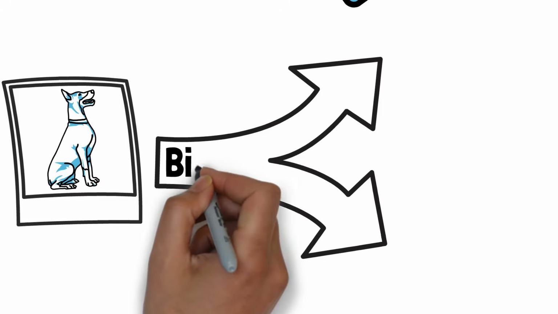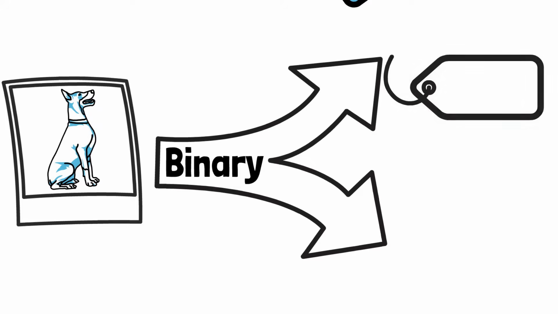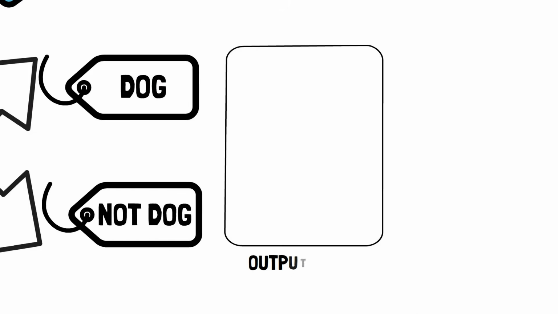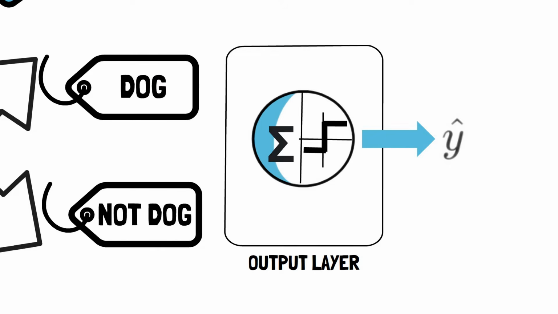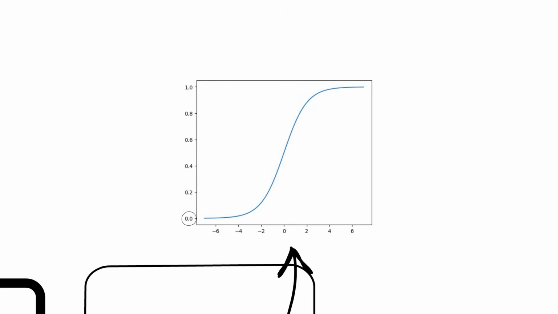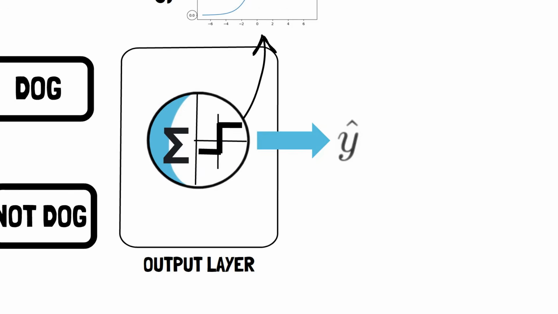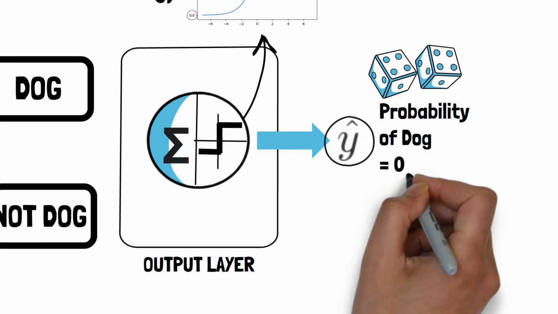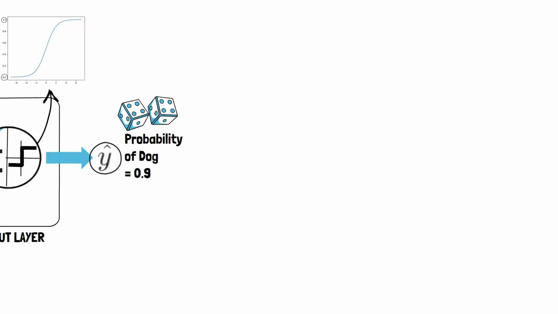This would be a binary classification task, predicting one of 2 classes, dog or not dog. For this, we set up our network with a single output node, whose value would be squished between 0 and 1 using, for example, a sigmoid activation. And this value will represent the probability that the input image represents a dog.